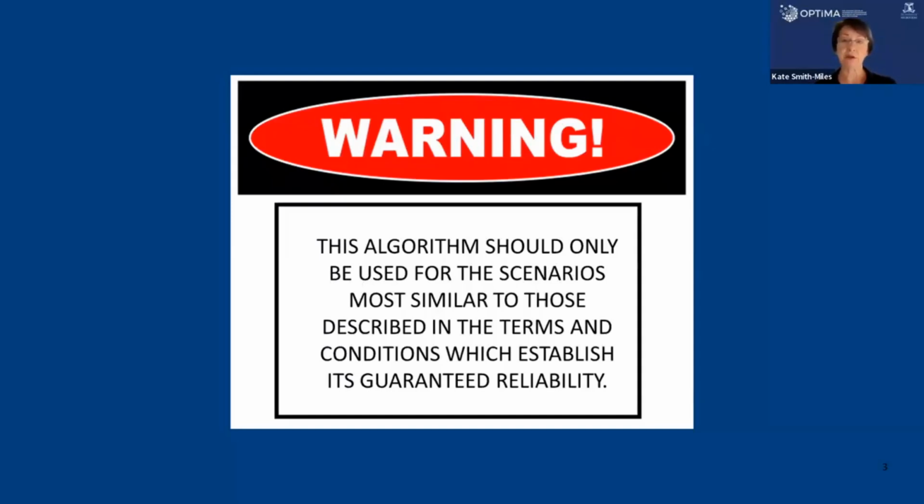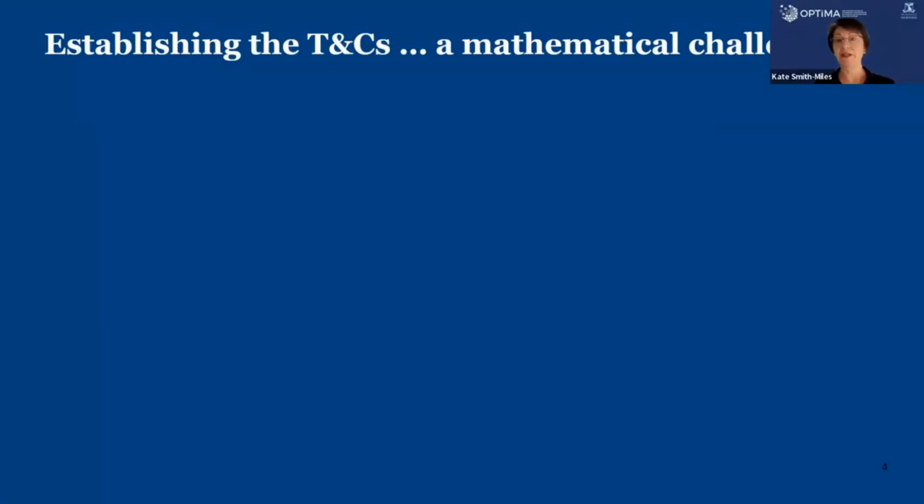We have choices of which algorithm we use, how we choose to model, how we choose to set parameters within an algorithm. And there's no one size fits all. So this approach is really trying to understand the terms and conditions under which a given choice is guaranteed to be reliable. And for me as a mathematician, those terms and conditions, that's a mathematical challenge.